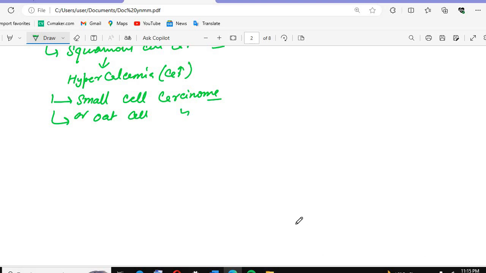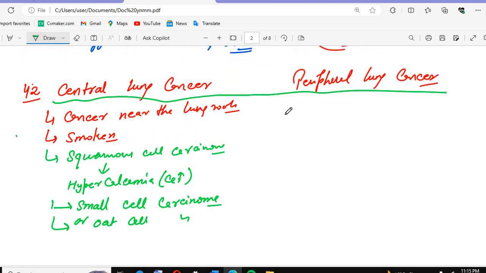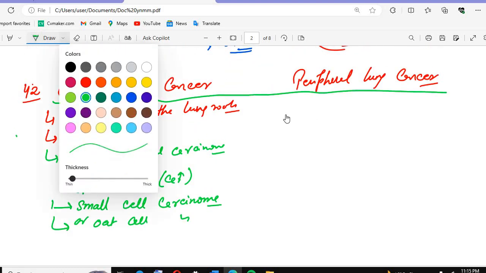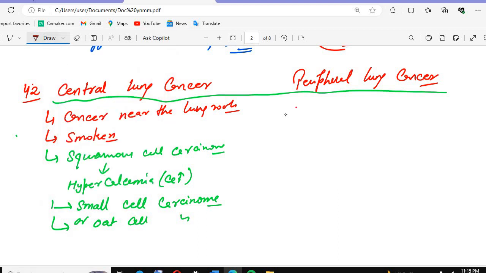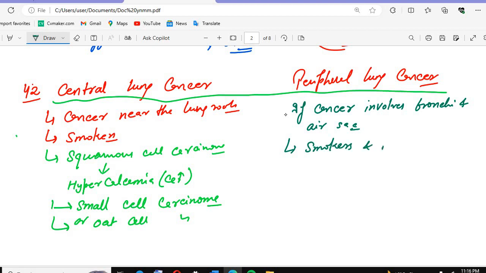In case of peripheral lung cancer, remember, if the cancer involves the bronchi and the alveolar sacs, or air sacs, it is seen in both smokers and non-smokers.